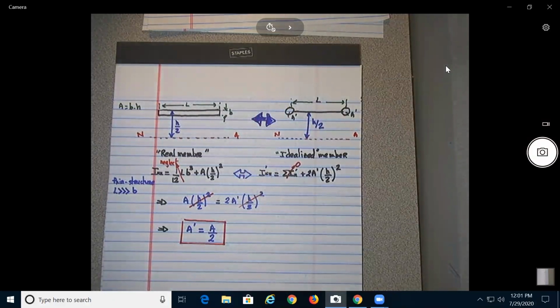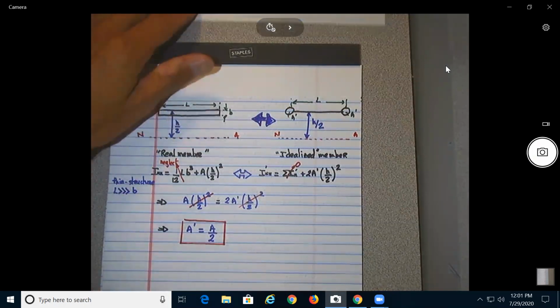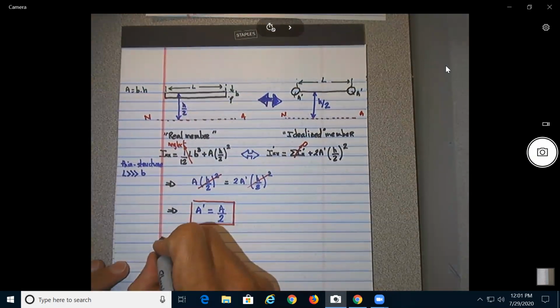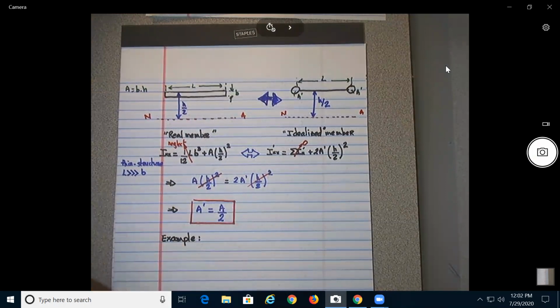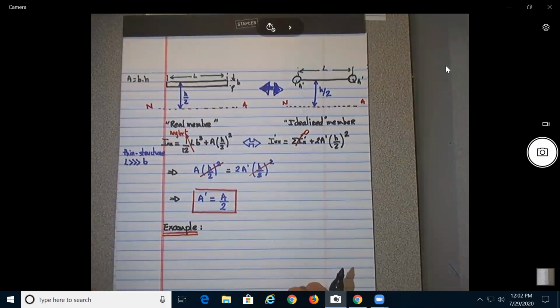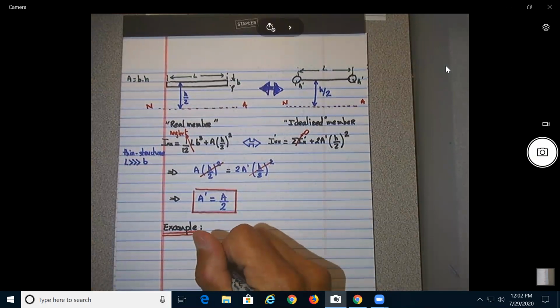Okay? So let's do an example. So let's say that you have the following real structure.